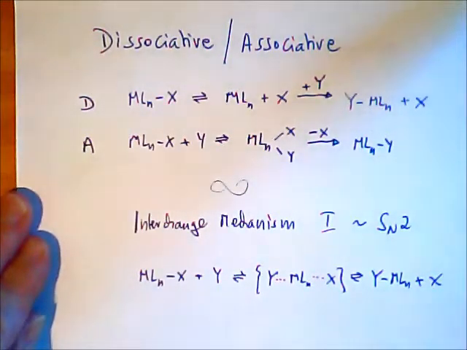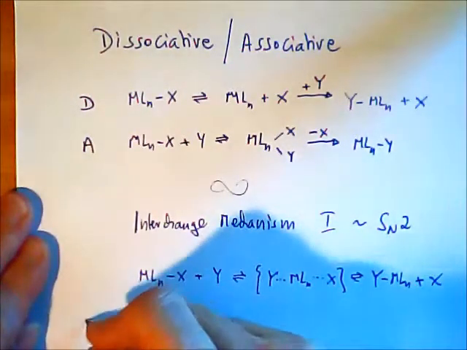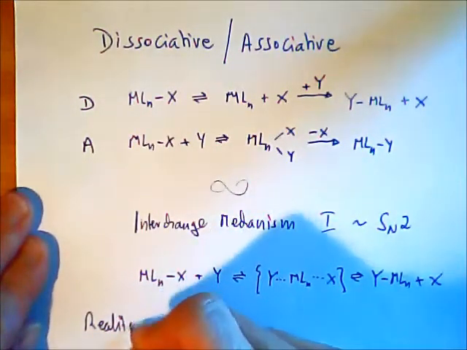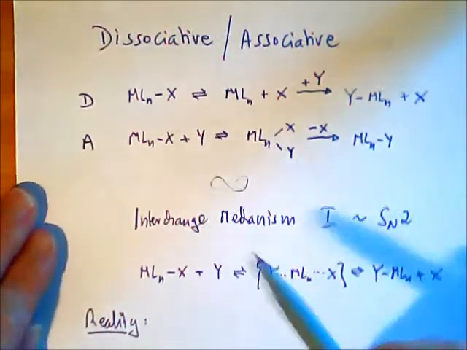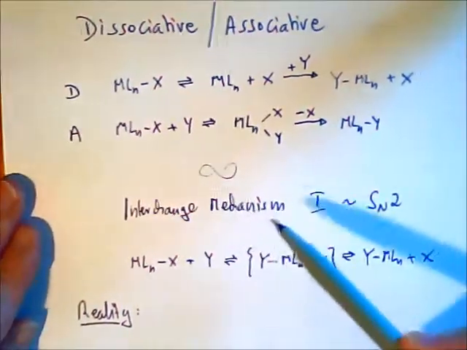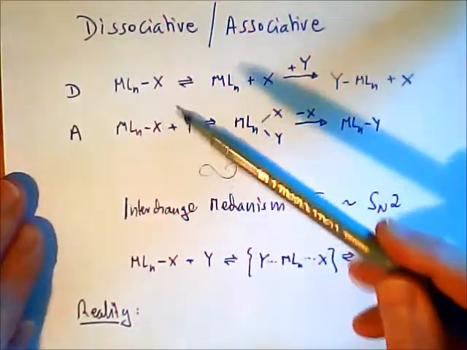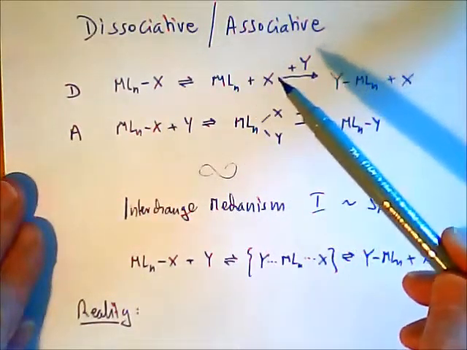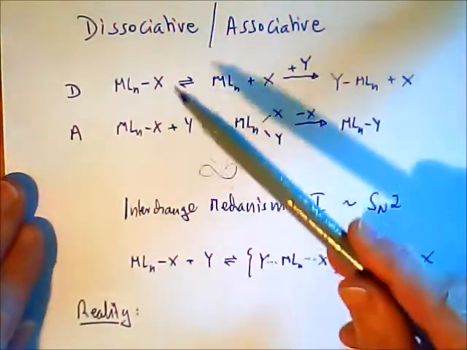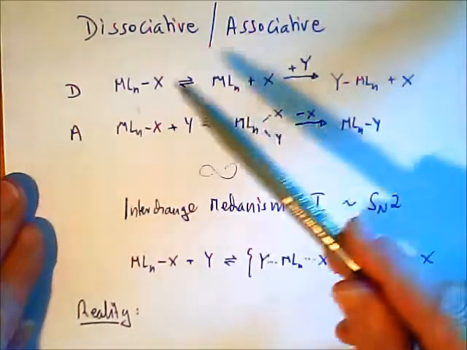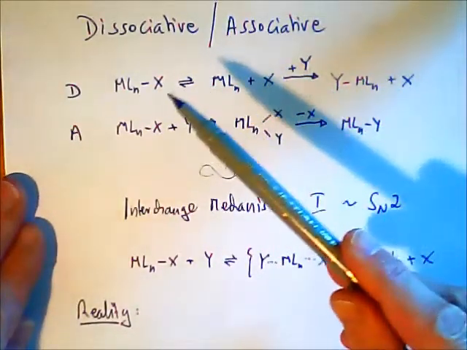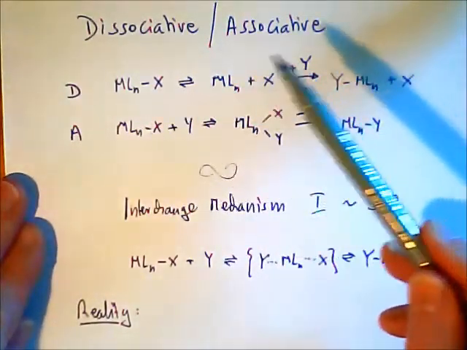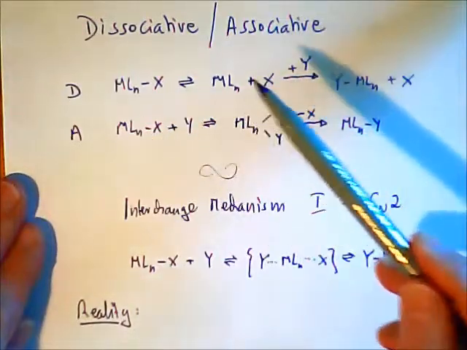Okay, now the reality unfortunately is more complex. In reality, we always have an interchange mechanism. It's unlikely that something like this happens, because the ligand Y is always present around our molecule and it will always be in some interaction with the metal.